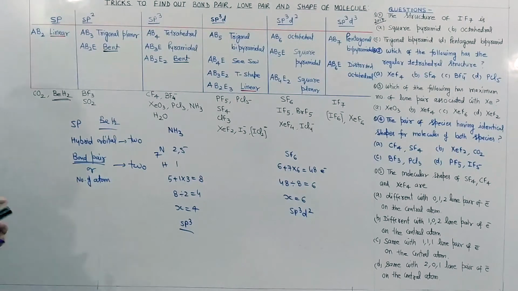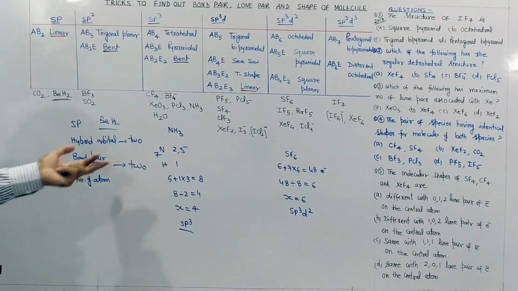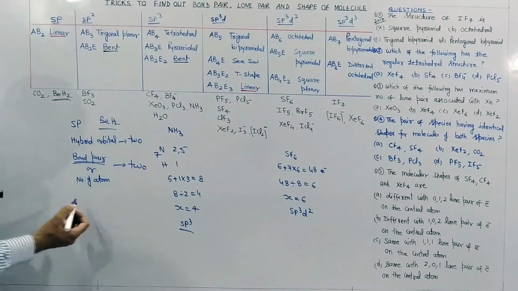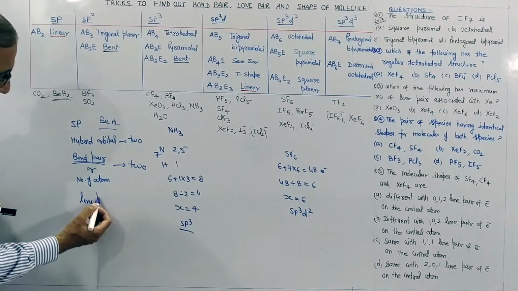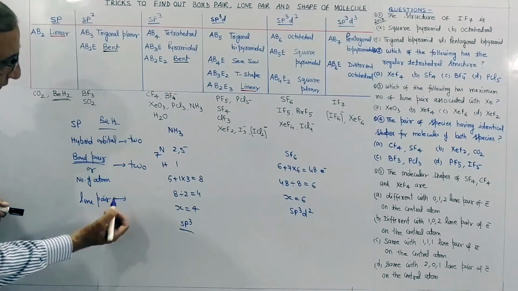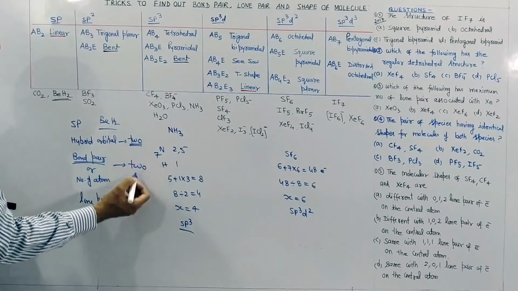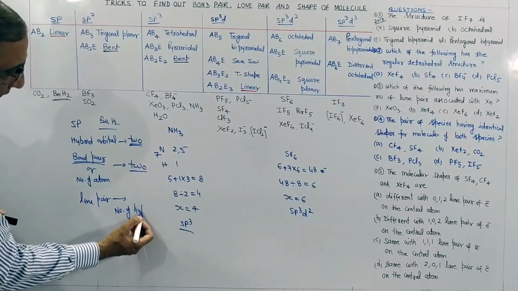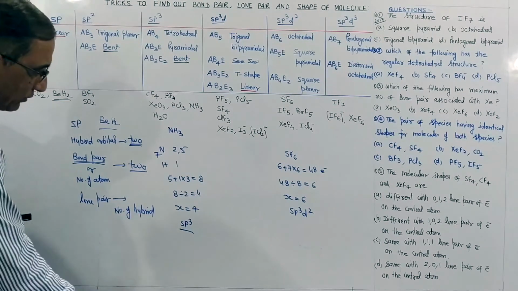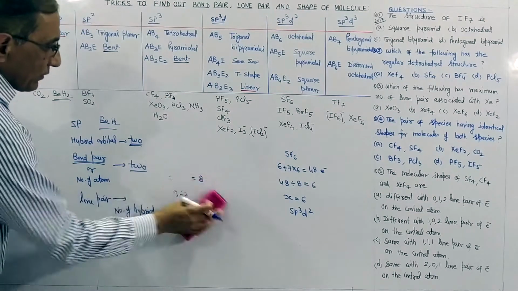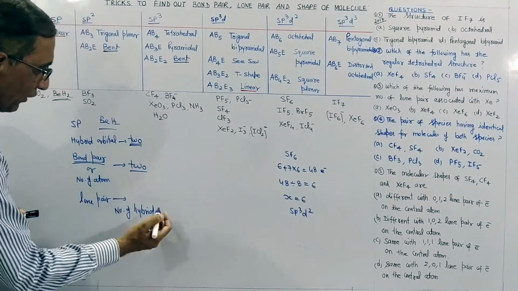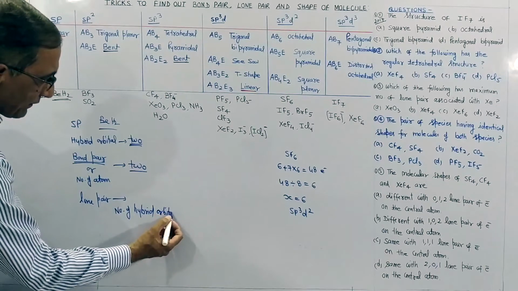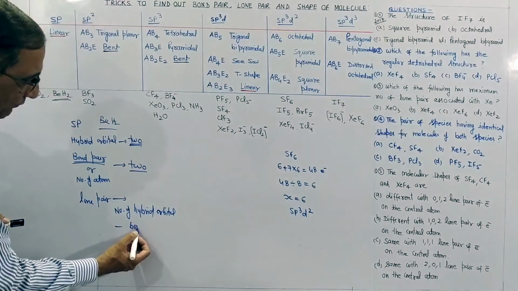It means hybrid orbitals are 2 and the number of bond pairs will be equal to the number of atoms attached with the central metal, so it will also be 2. And the lone pair will be the number of hybrid orbitals minus bond pair.